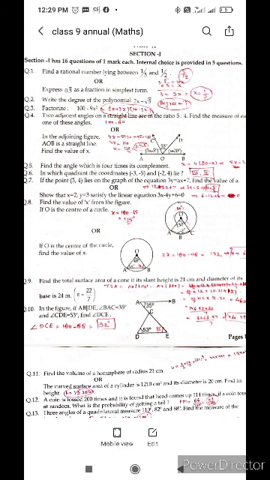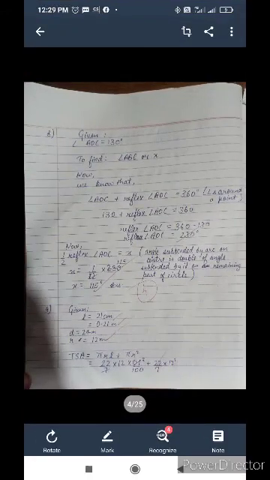Okay, so if angle AOC is 130, then reflex of angle AOC will be 360 minus 130, that is 230 degree.